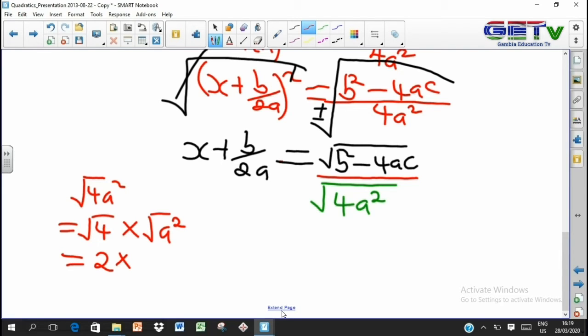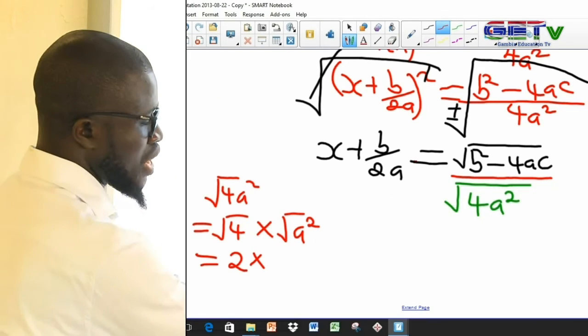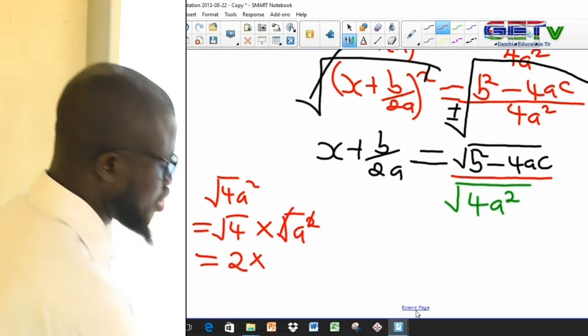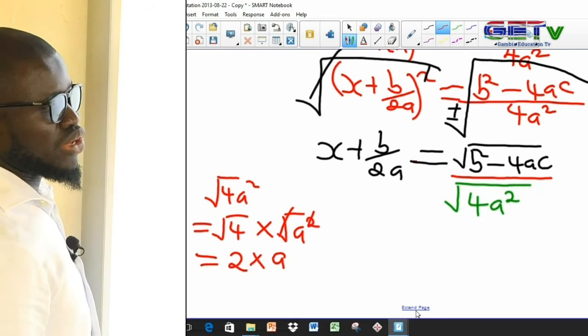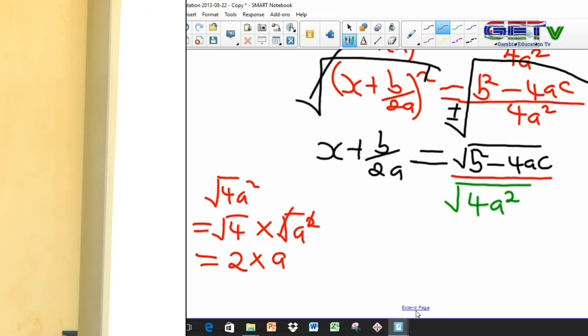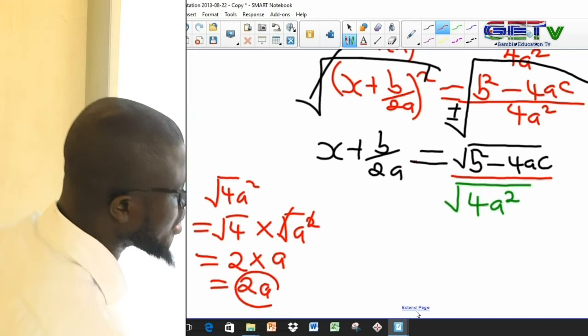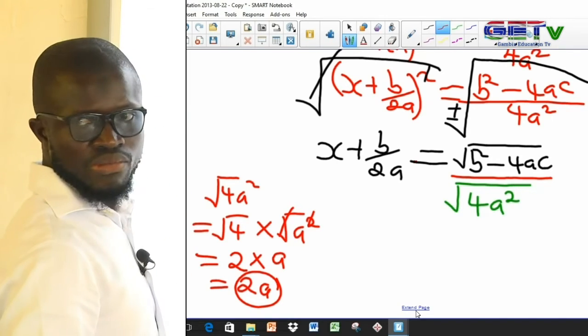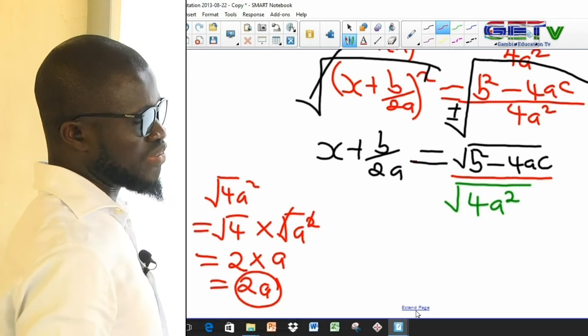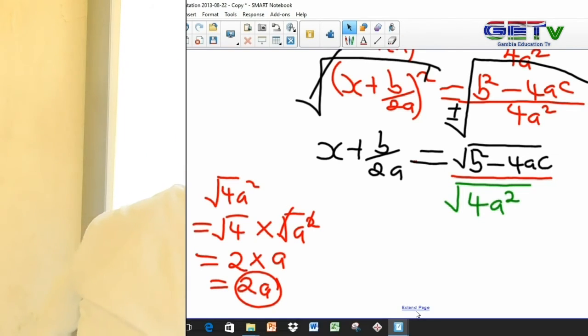You are told that if a number is squared again, put in a root, the square and the root are said to cancel. So a will remain. So what will remain in the denominator here is going to be the same as 2a. So we are going to use this 2a for our denominator instead of the square root of 4a squared.